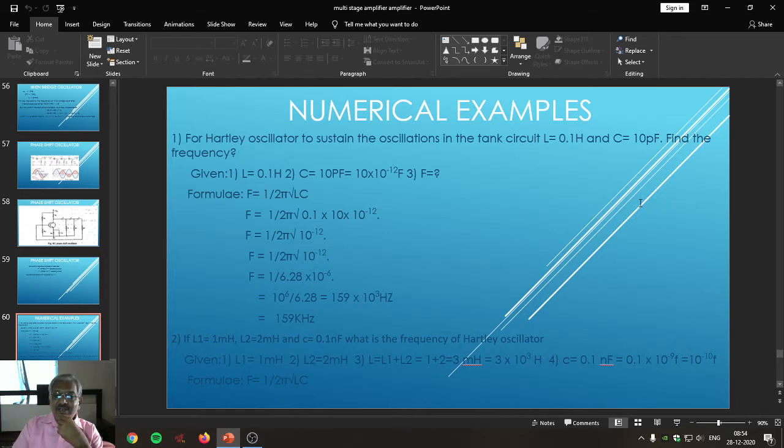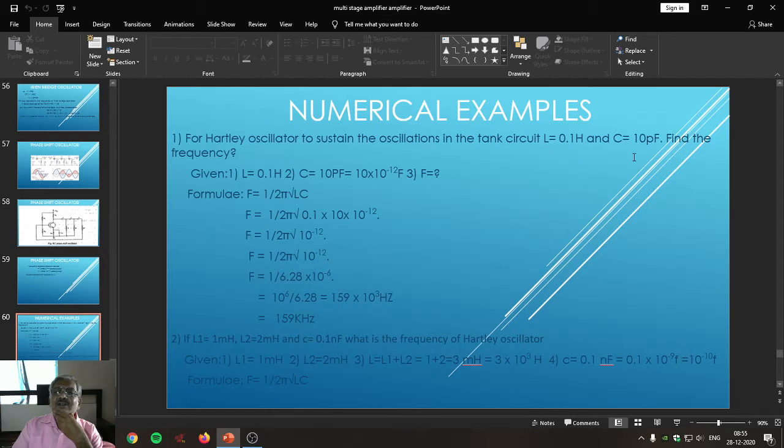Friends, let us begin with the first example, which is based on the Hartley oscillator. For a Hartley oscillator to sustain the oscillations in a tank circuit, L is equal to 0.1 Henry and C is equal to 10 picofarad. Find the frequency.